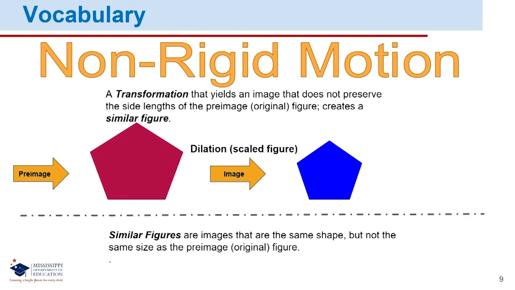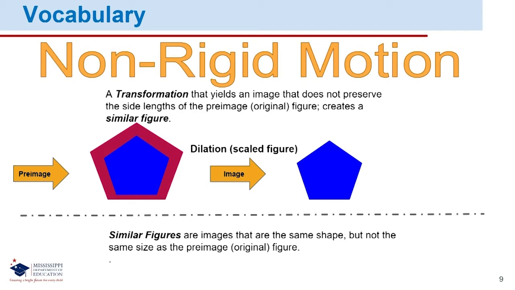And a dilation is a scaled image of the original figure. So if I was to take this dilation, this image, and place it on top of the original figure, you notice that the shape is the same, but the size is different.